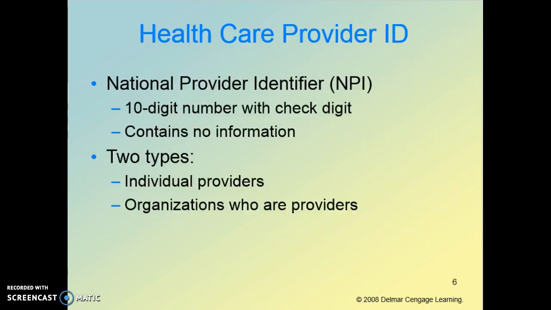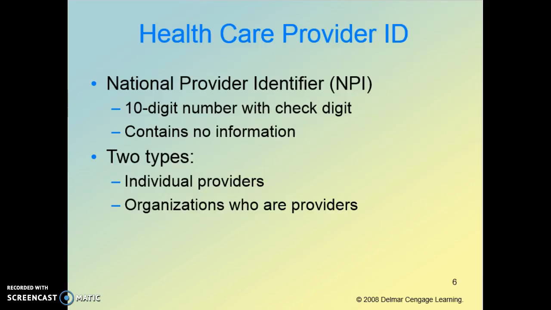And then we have what's called the healthcare provider ID. It's called the NPI. It's a 10-digit number, and it's similar to a DEA number in that it has a check digit. So there's a way to check to make sure that the digits are matching up, so somebody can't just make up digits, in other words.